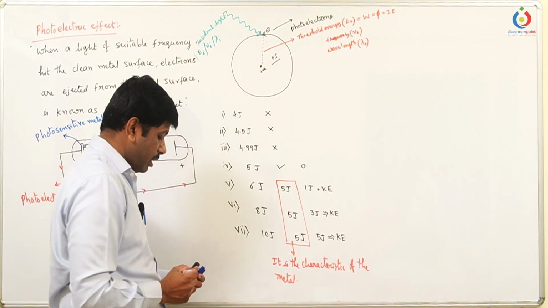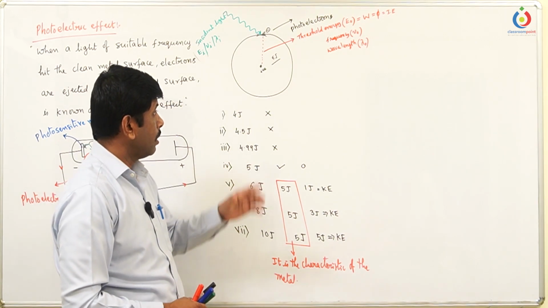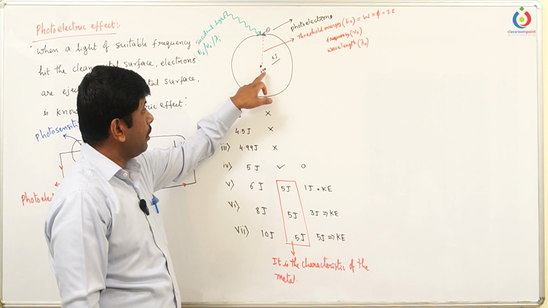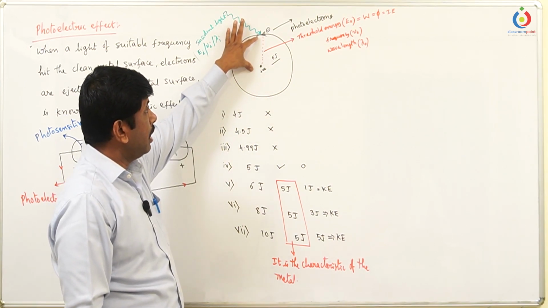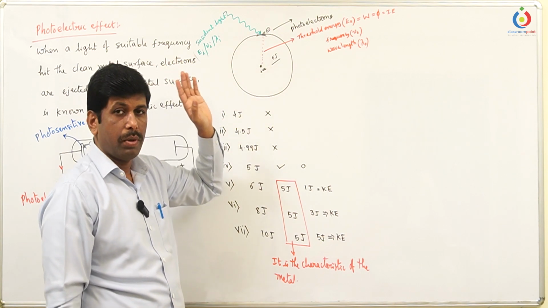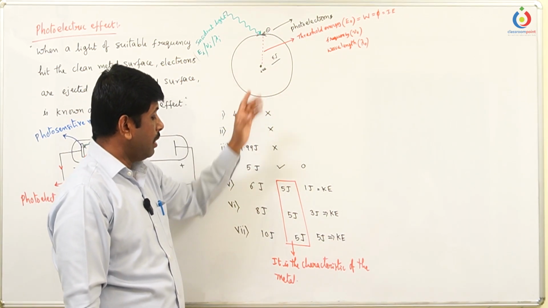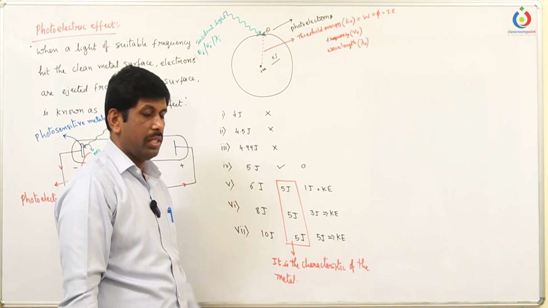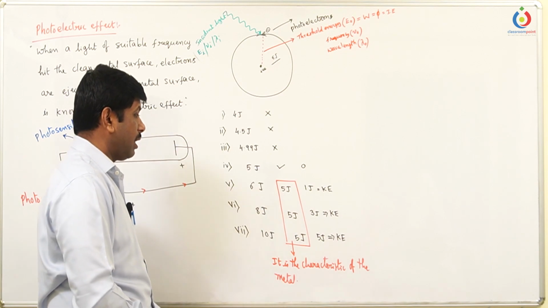When you take different metals, they will have different threshold energies, because when the element changes, the nucleus power changes, so the energy required by the electron to overcome the nucleus attraction power also changes. That is the reason why, when elements change, the threshold energy also changes. That's why here we have written that it is a characteristic of the metal.